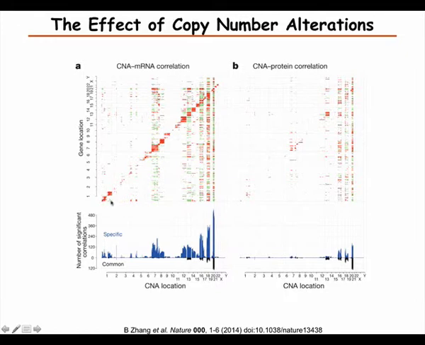So now what we've done is, for these 95 colon samples, calculated for each location what the correlation coefficient is between copy number variation and gene expression. And here it's the same figure for copy number versus protein concentration.